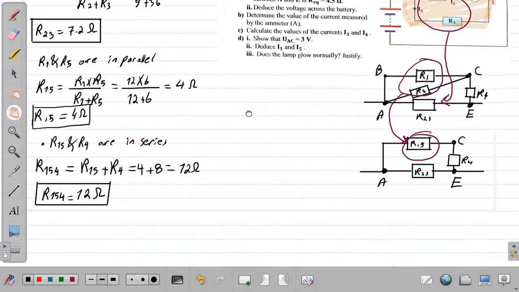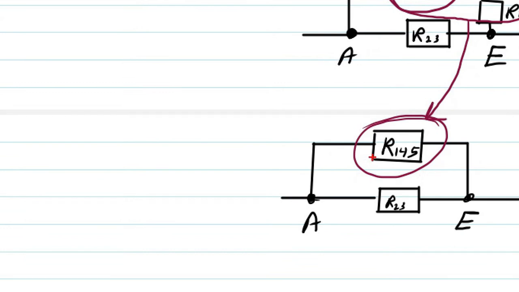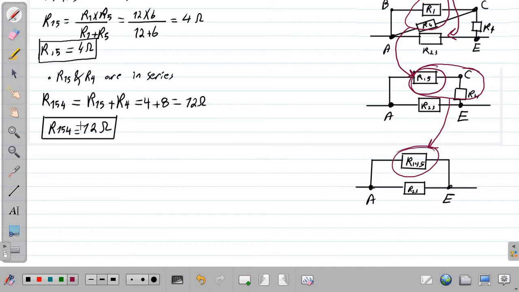Okay. And now the grouping of those two resistors is R145. Finally بنلاحظ إنه ال R145 connected to R23 in 2 points. هيدي أول point common point وهيدي common point, وبالتالي بنقول إنه هدول in parallel.